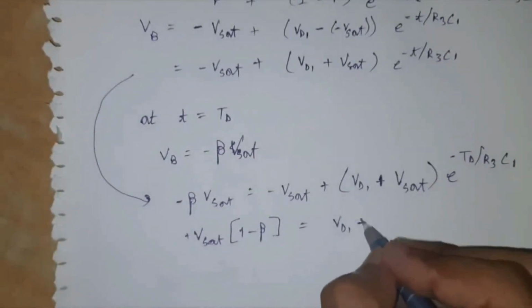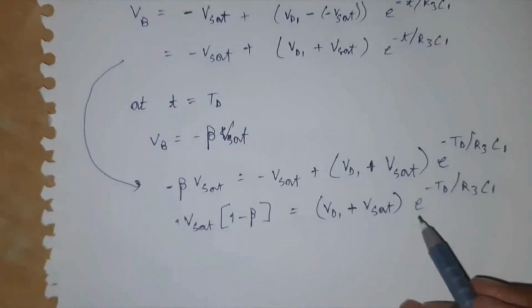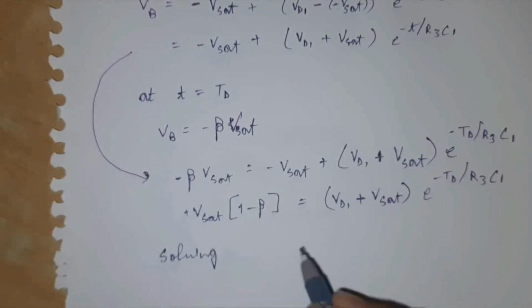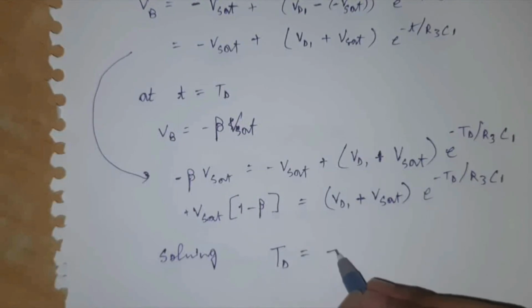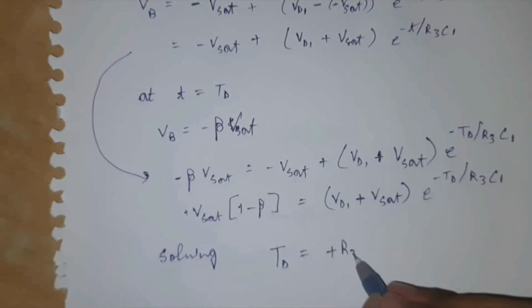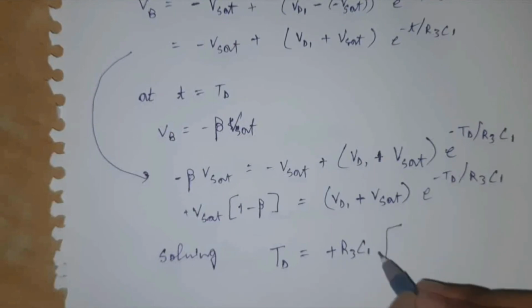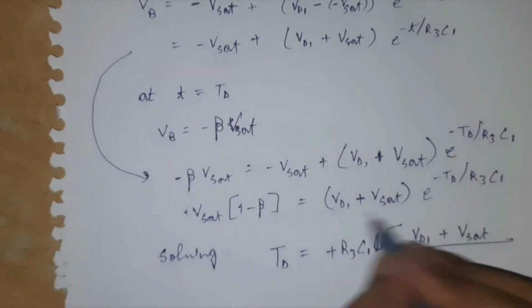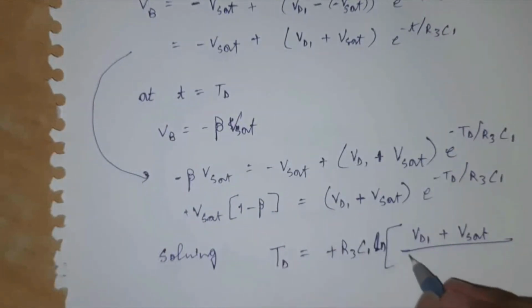I have just quickly written it down, and after solving this you will get the discharge time TD equal to R3C1 ln, natural log, of VD1 plus V sat over V sat minus beta V sat.